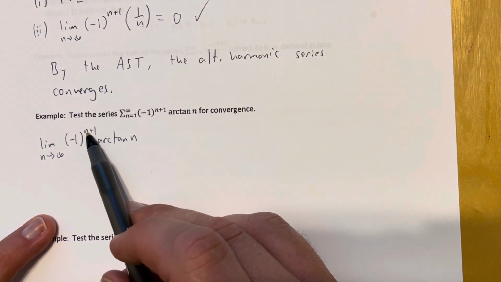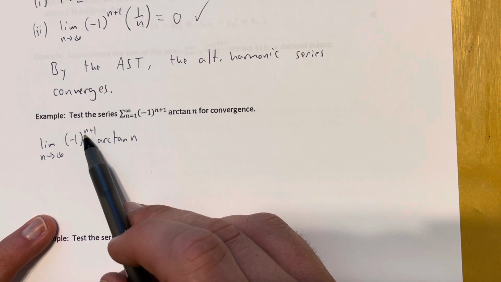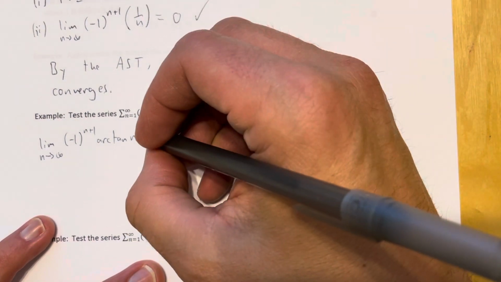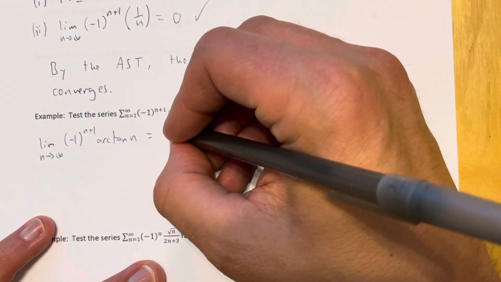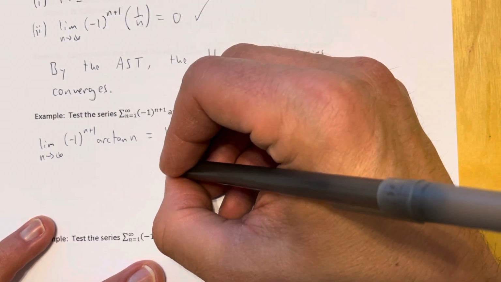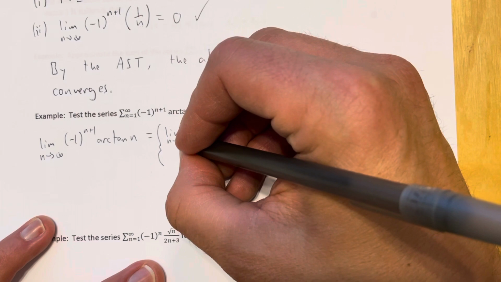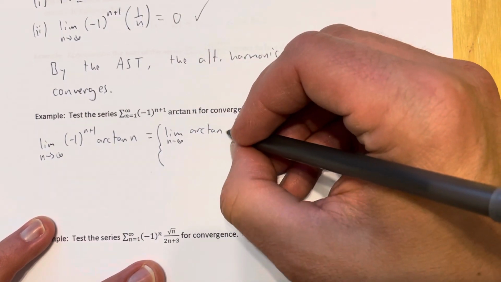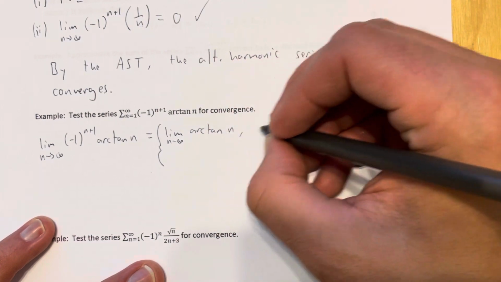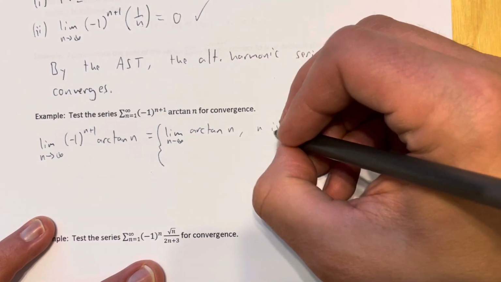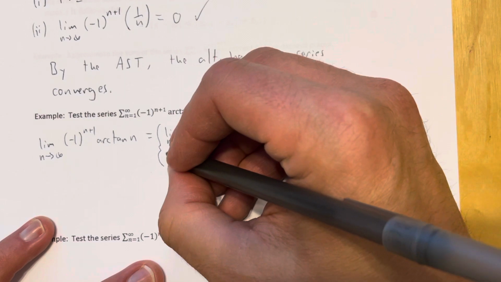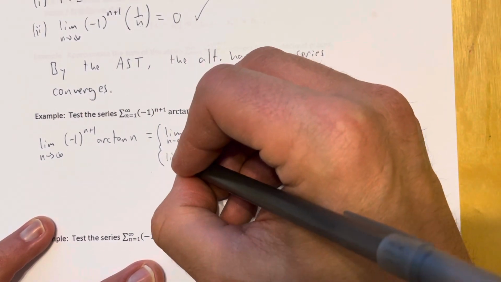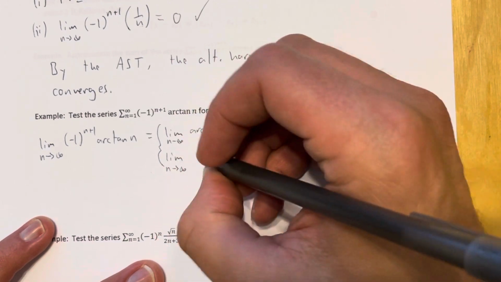If n is odd, then this is odd plus odd, which is even, so I'm going to get a +1 times arctangent of n. So this is equal to the limit as n goes to infinity of just the arctangent of n if n is odd. What about if n is even? What can we say in that case?